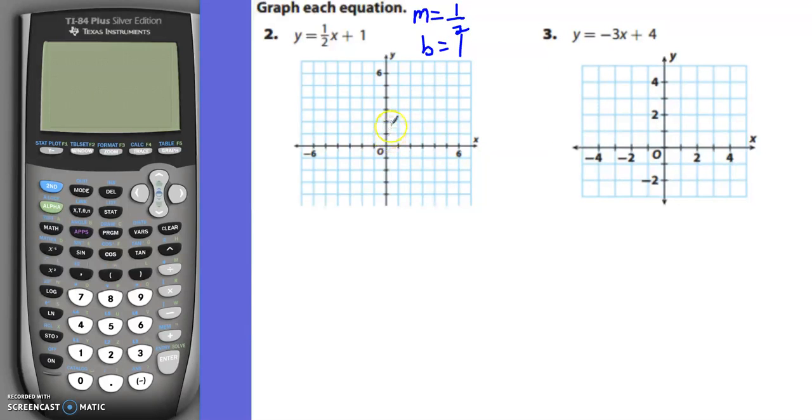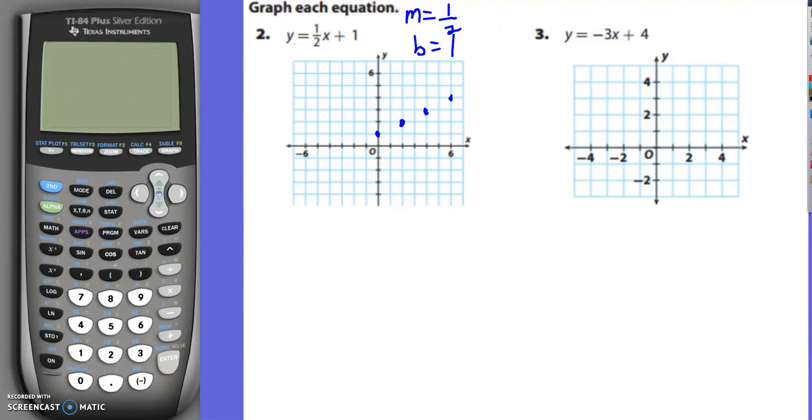These are counting by 1s: 1, 2, 3, 4, 5, 6. So I start at 1, and I'm going to go up 1 over 2. Up 1 over 2. Up 1 over 2. And then I can connect the dots.